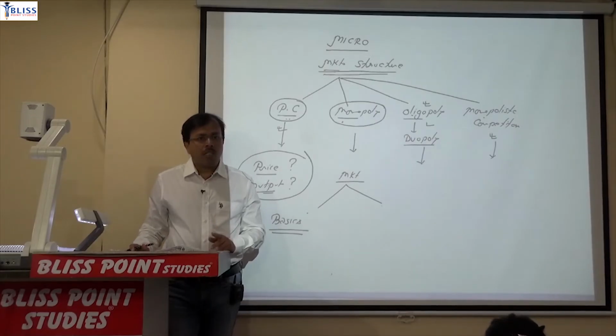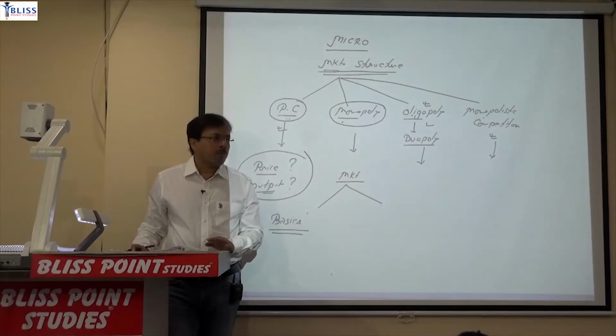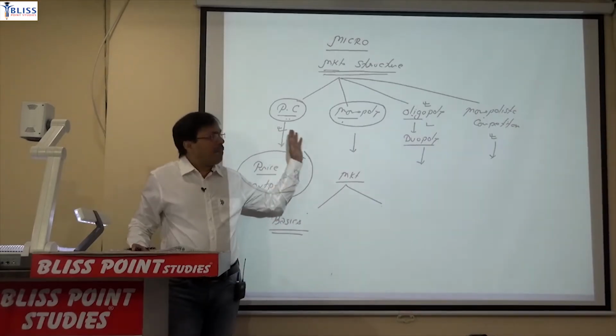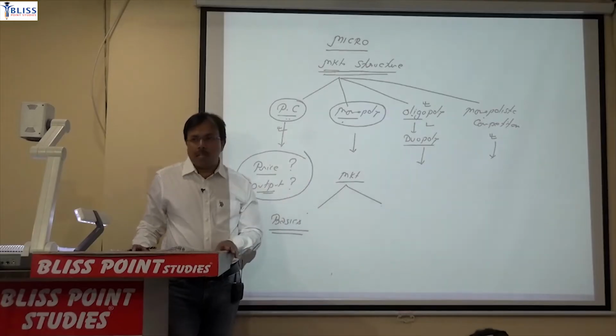We assume that it is profit maximization, although the objective can be sales maximization also. But unless sales maximization is stated, what do we assume? Profit maximization. So the objective of any firm in any form of market is to maximize profit.